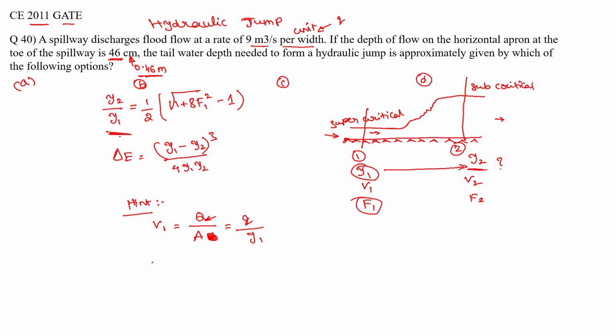So when you know the V1, you can calculate the F1 as V1 upon square root of g into y1. So g can be considered as 9.8 meter per second square. This is acceleration due to gravity. Can you quickly substitute this value into the equation and guess the answer? Anybody?